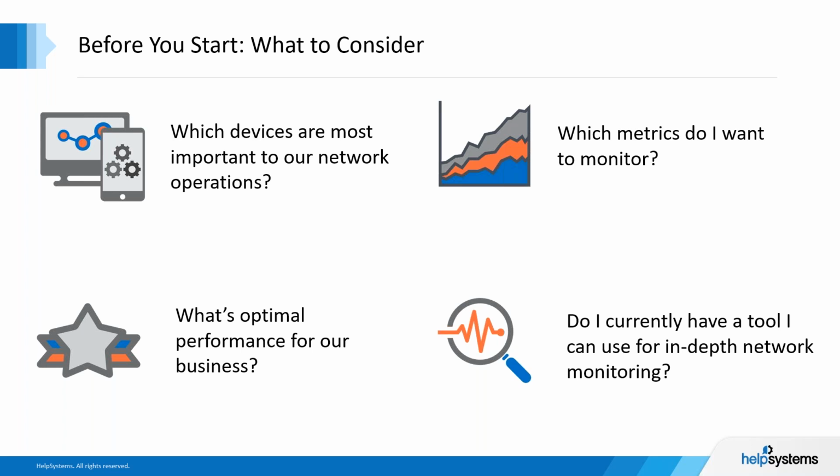Then the next thing is, what metrics do I want to monitor? Because different devices can provide you with different performance metrics, we want to standardize that a little bit and see what we can do there. And then we want to optimize that performance for our business needs.